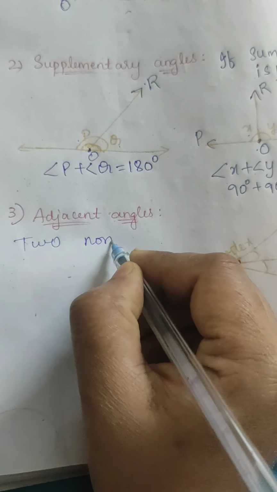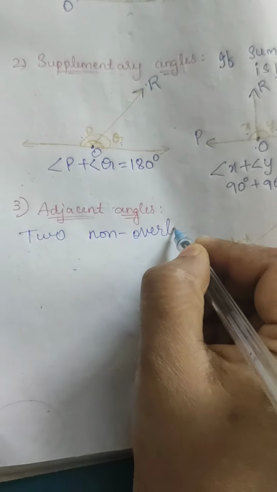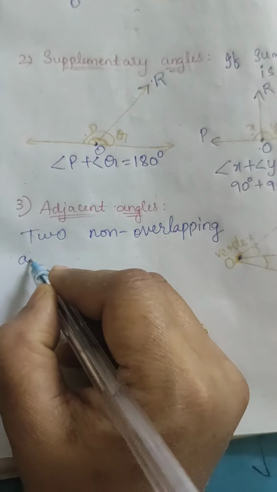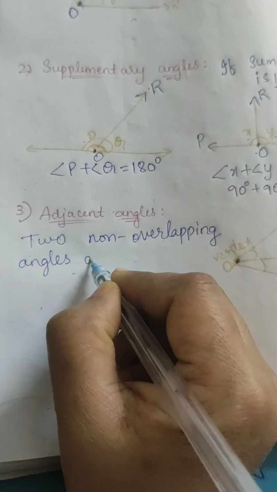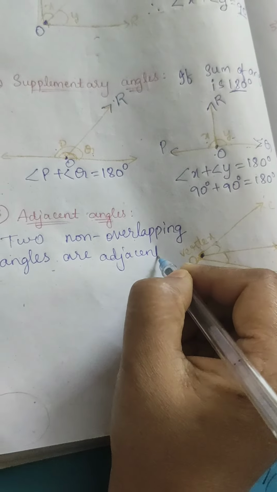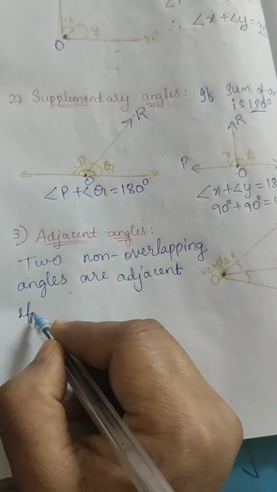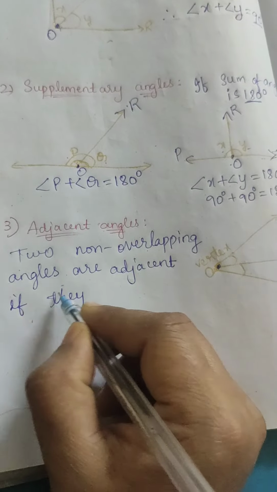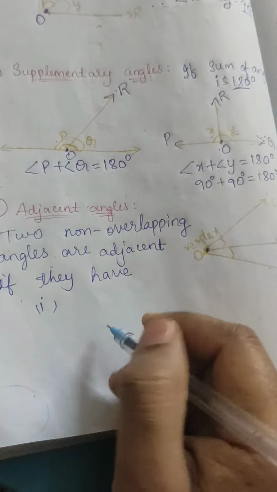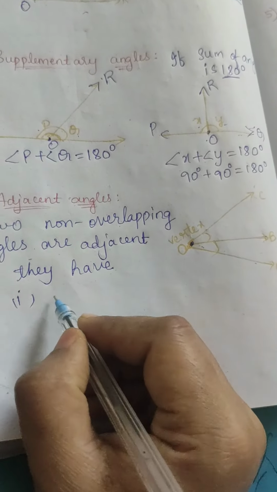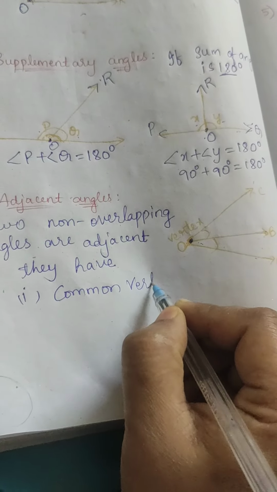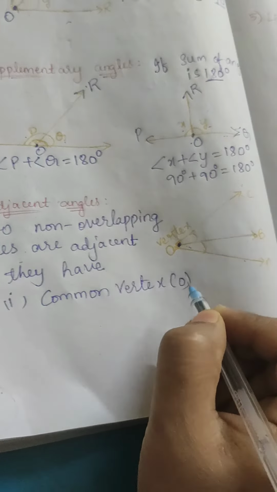Two non-overlapping angles are adjacent if they have one common vertex and a common arm.